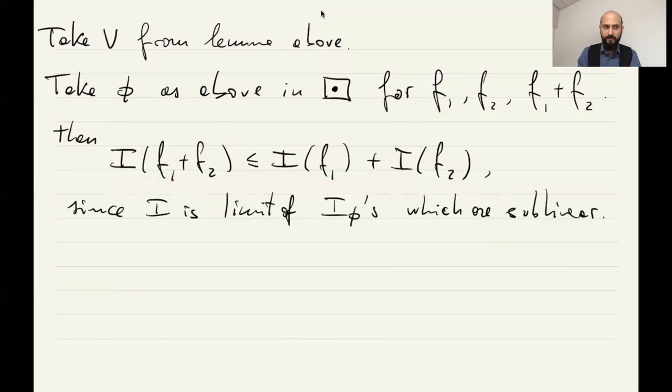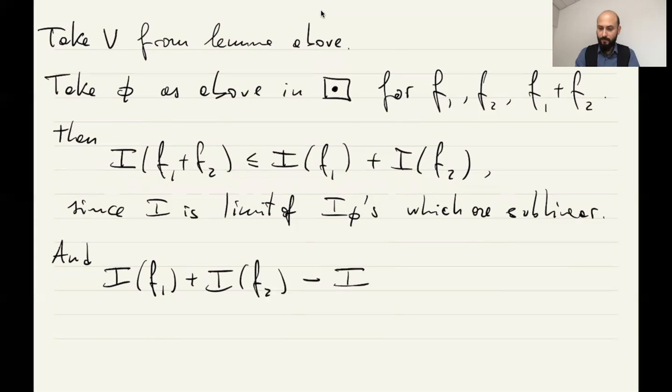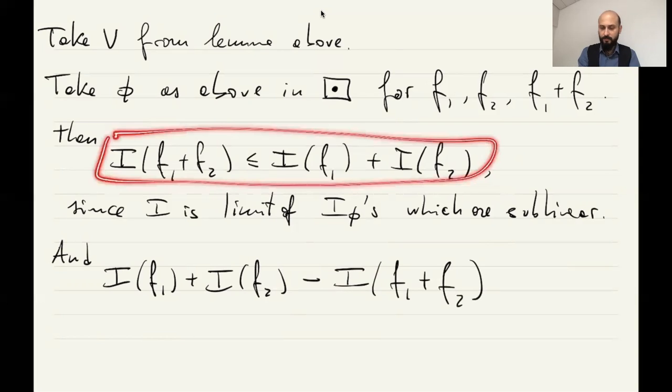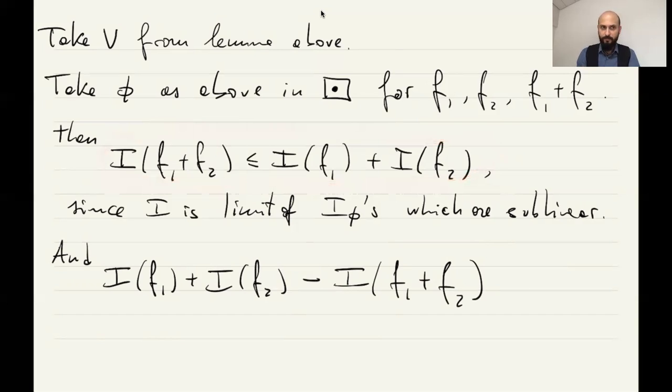So the difficult part is the next one, and this is the important part. So I f1 plus I f2. Let's see how it differs from I of f1 plus f2. So we have from here a lower bound, that this is greater than or equal to 0. Now let's bound from above.